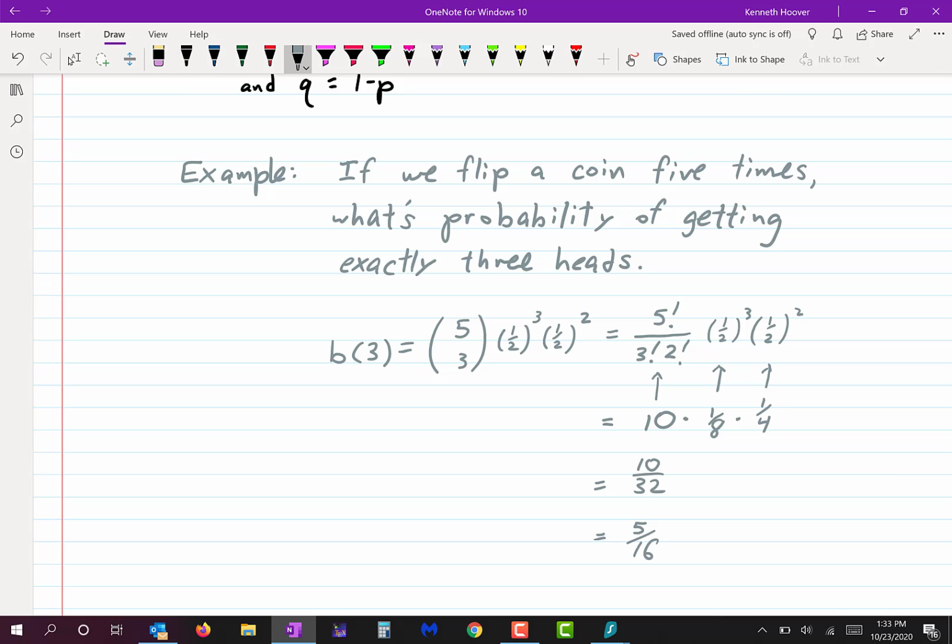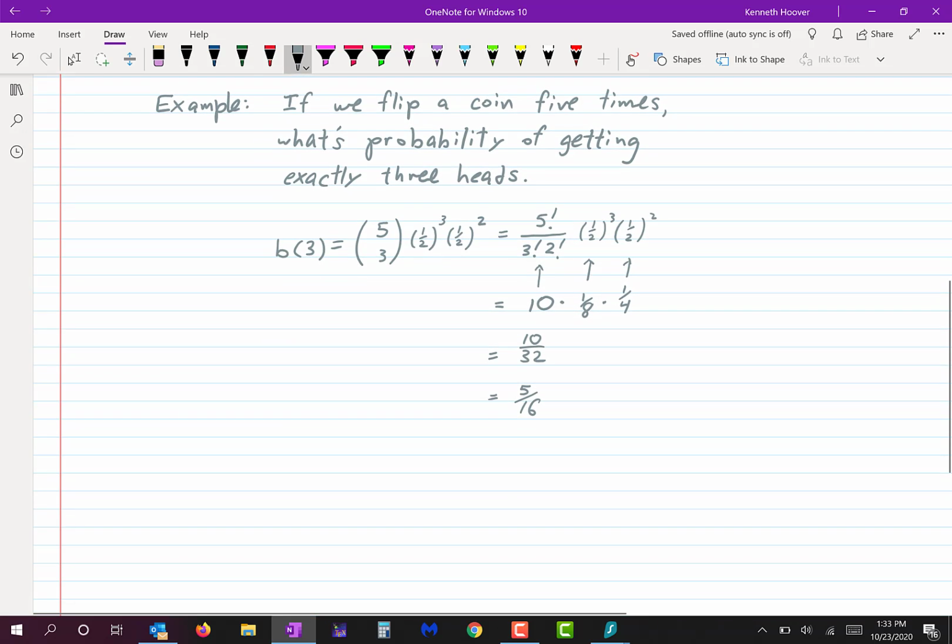See, it's pretty straightforward. That's a heck of a lot easier than doing this. What would have been my other option? My other option is to write out all of the possibilities, which is 5 heads, and then 4 heads and a tail, and so on and so on and so on.